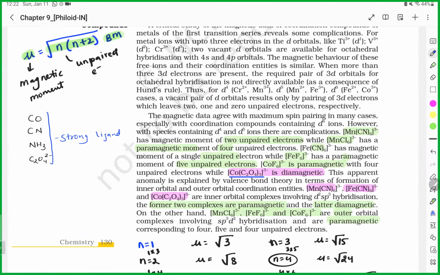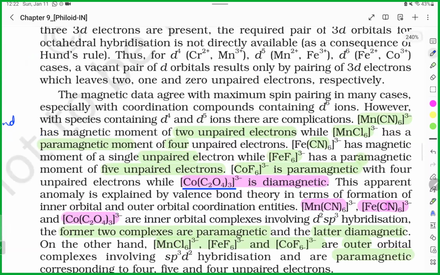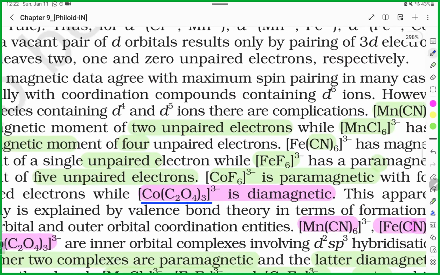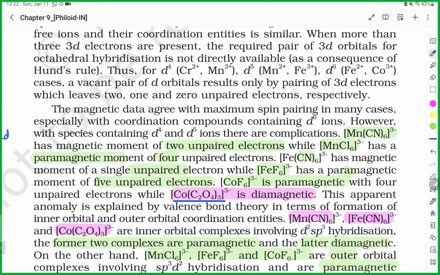And weak ligand does not cause pairing, so mostly paramagnetic. If you see MnCl6, chlorine is a weak ligand, it will be paramagnetic. But if you see CN6, it will be different. Same, fluorine will be paramagnetic.